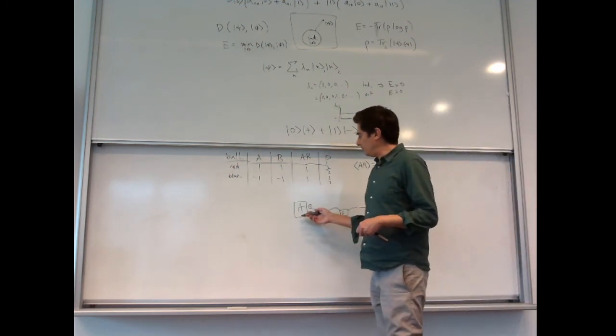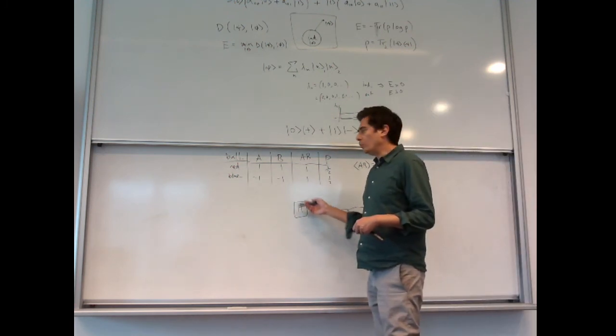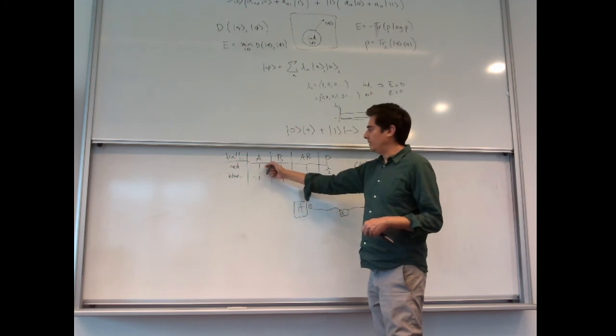When Alice gets a red ball, the rule that we have here gives a value of 1.